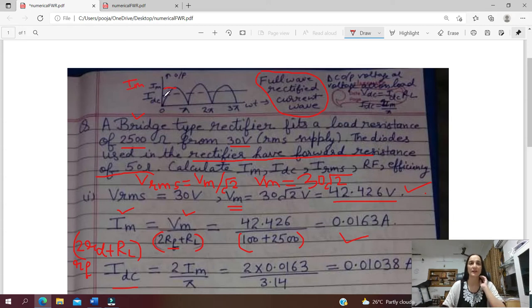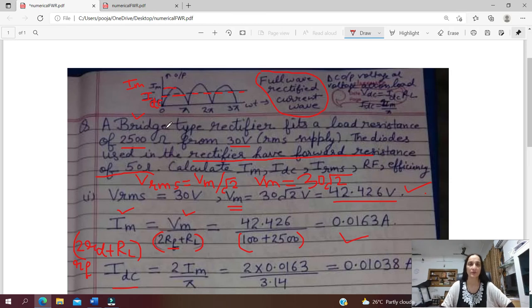And if we assume that the DC value lies somewhere here, now we have to find what its value will be, IDC. Okay, now we will find out its value.